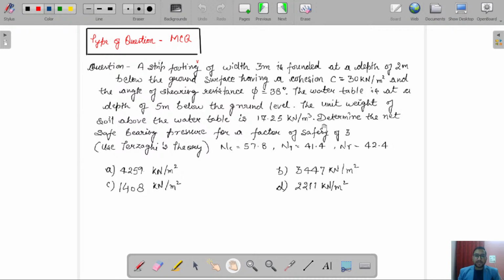And you need to find the net safe bearing pressure, or you can say the net safe bearing capacity, of this foundation, for the soil in which the foundation, whose width is 3 meter and depth is 2 meter, is placed. The properties of soil are given to you.